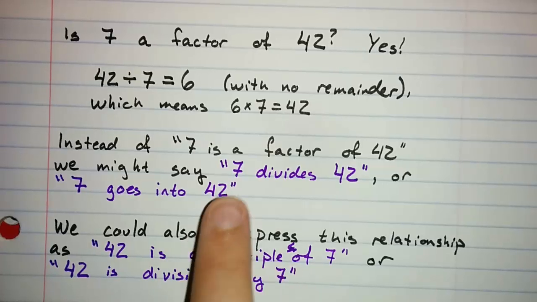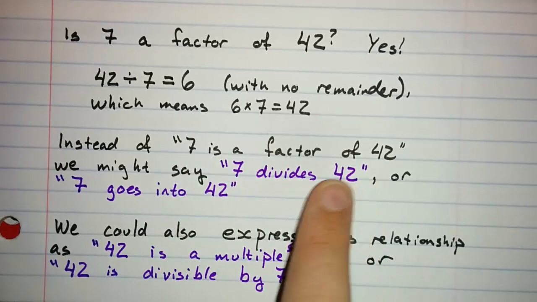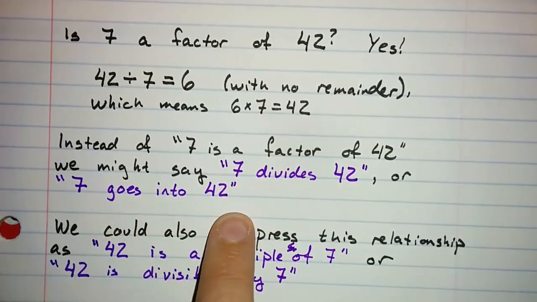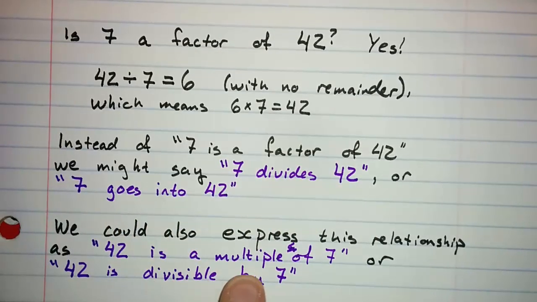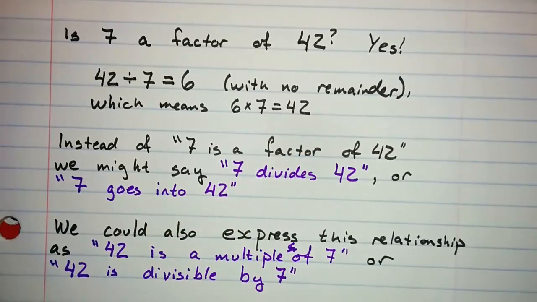All right, so 5 new phrases. 7 is a factor of 42. 7 divides 42. 7 goes into 42. 42 is a multiple of 7. 42 is divisible by 7. All 5 of these express the same relationship between 7 and 42.